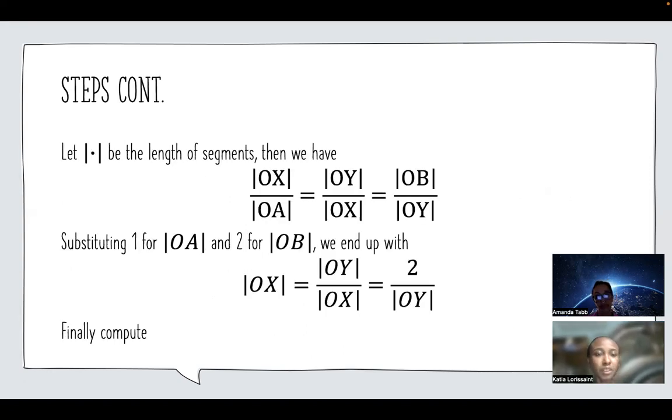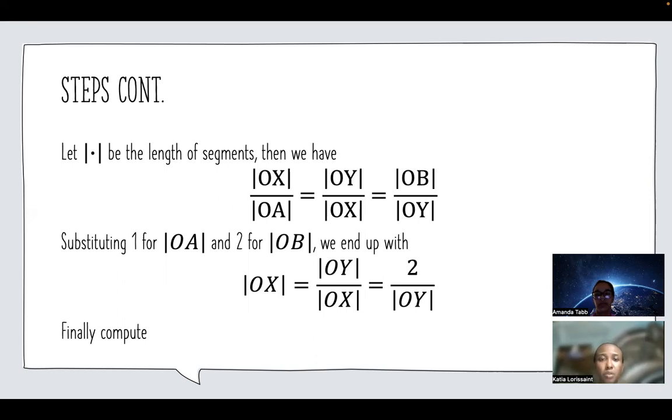Now, to solve that, we are going to let the absolute value be the length of the segment. And again, we are using absolute value because the length has to be positive. So then we have absolute value of OX over the absolute value of OA equals the absolute value of OY over the absolute value of OX equals OB over the absolute value of OY.